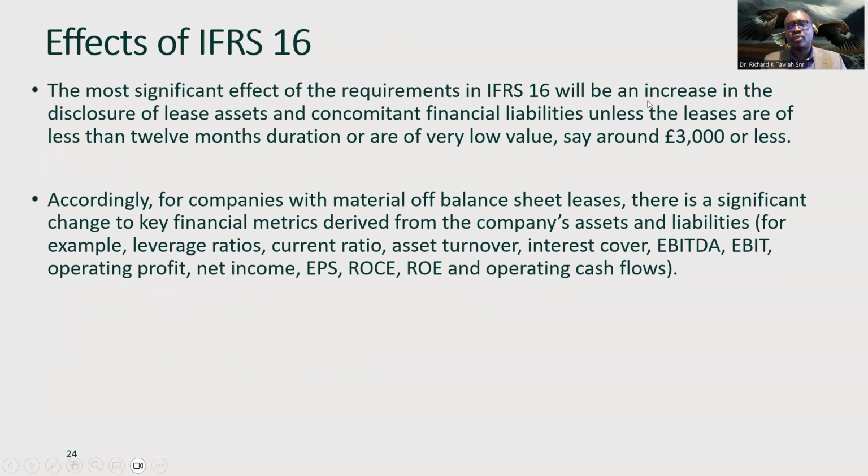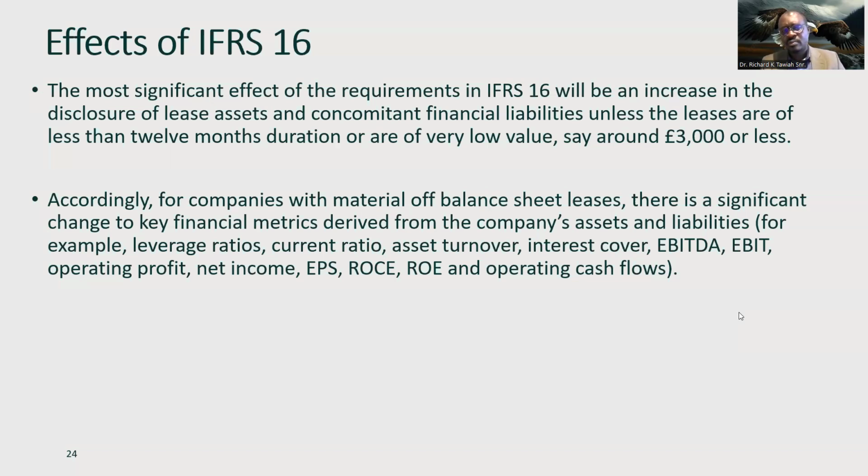Now, effects of IFRS 16. Does it apply to almost everyone? No. In fact, items which are of low value, 3,000 or less, or leases which are 12 months or less are exempt. We don't normally classify these under leases, right? Now, for companies with material off-balance sheet leases, there is a significant change to key financial metrics.